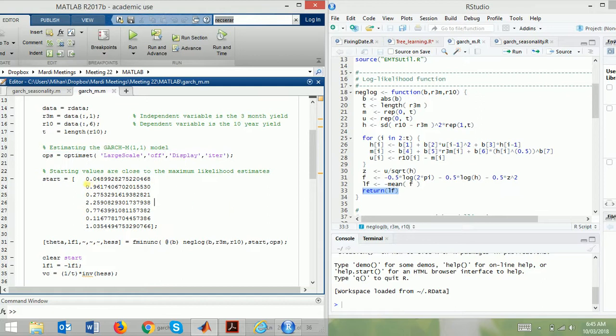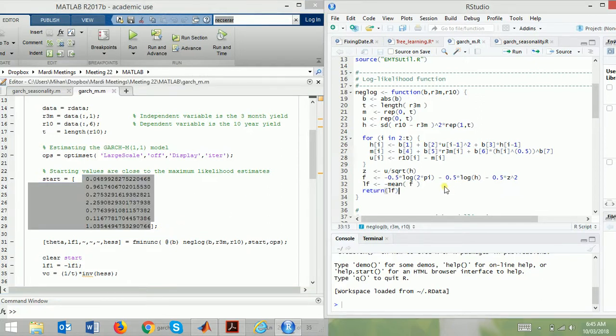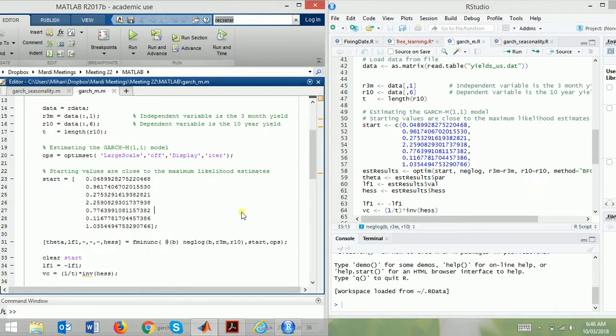We take some initial values as estimates. Starting values are close to the maximum likelihood estimate.